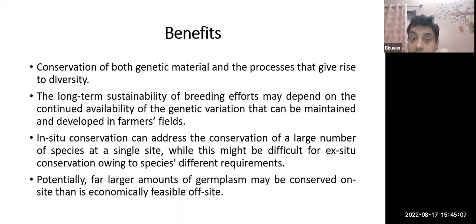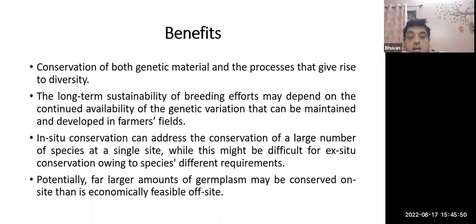The processes which have caused variation in the genetic material of the crop plants are also conserved, in the natural surroundings where they have evolved. The long term sustainability of breeding efforts depends on the availability of genetic variation that can be maintained and developed in the farmer's field. So here we can maintain those genetic variations which have led to the various kinds of variation in crop plants.